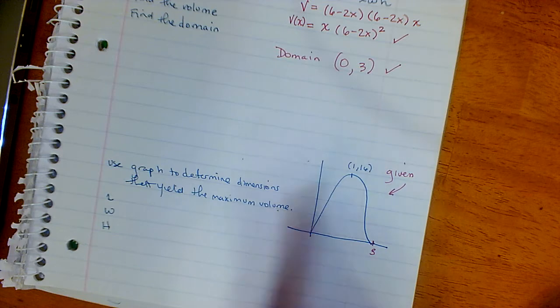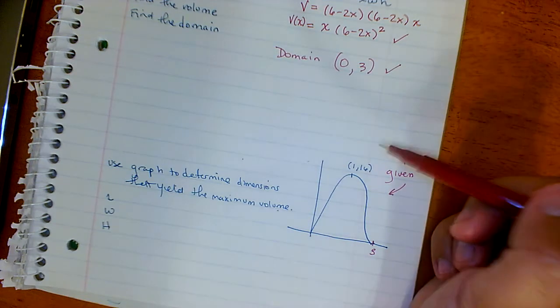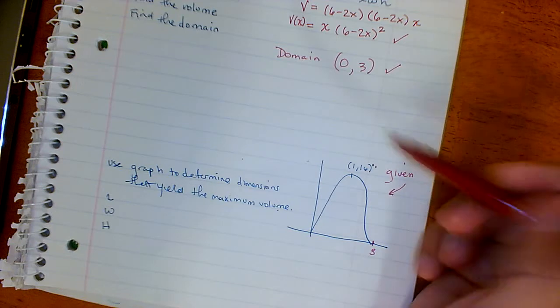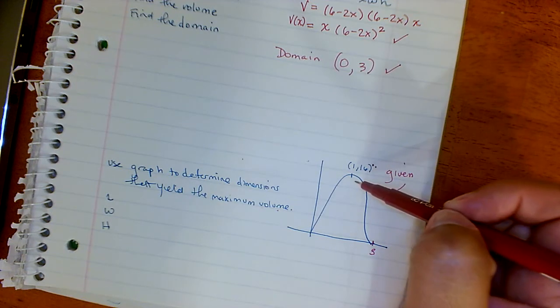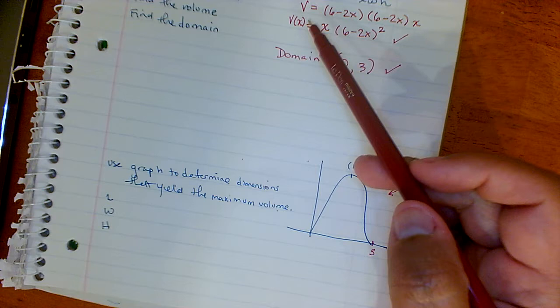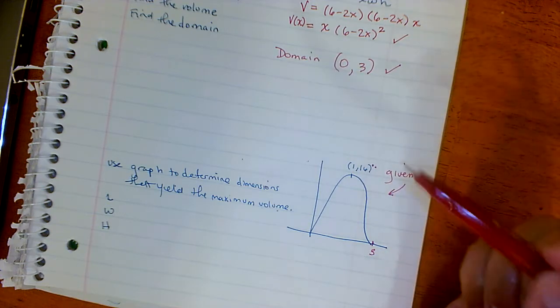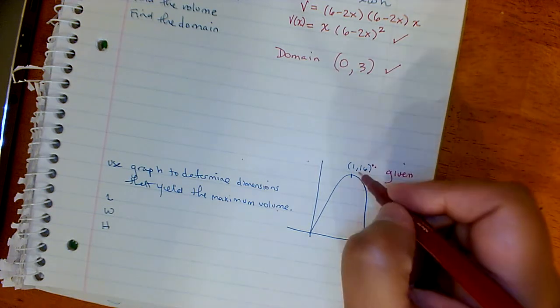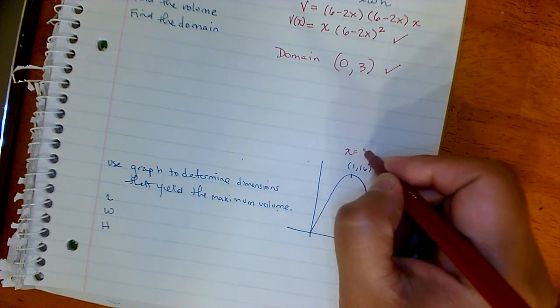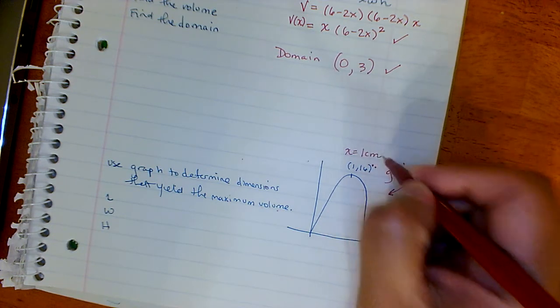So for this piece of the function that they give me, I do have a relative maximum, and if I have a relative maximum, that means this is the biggest volume I'm going to possibly be able to get out of this box that I'm creating for the situation that they wrote for me in the problem. And that maximum is occurring at the point (1, 16), which means x is equal to 1 centimeter.